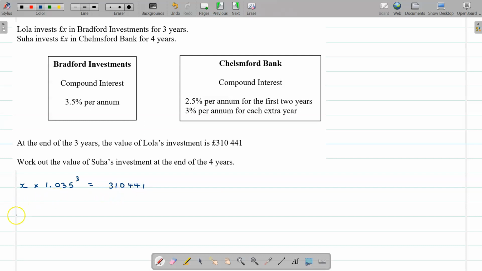So by rearranging that, we can say that X must be equal to 310441 divided by this thing here.